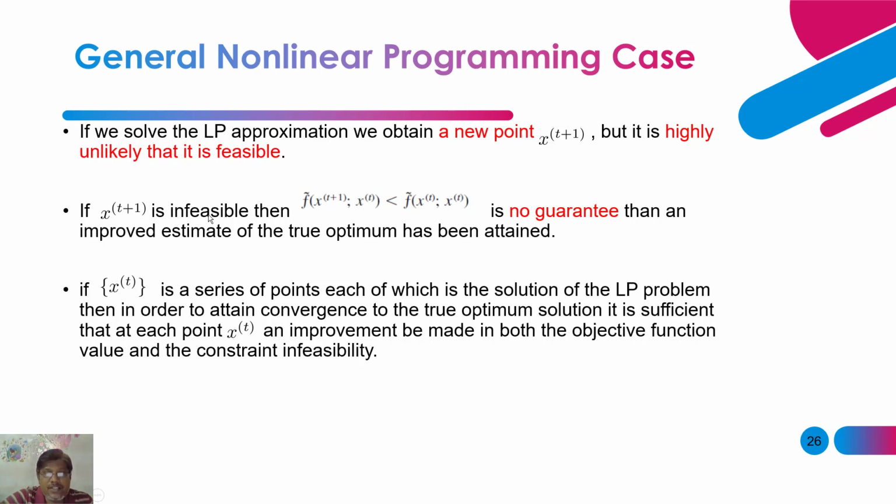If it is infeasible, then there is no guarantee. So an improved estimate of the true optimum has to be attained. The set of x t is a series of points, each of which is a solution of an LP problem. Then, in order to attain convergence to a true optimum solution, it is sufficient that at each point x of t an improvement be made in both the objective function as well as the constraint infeasibility.